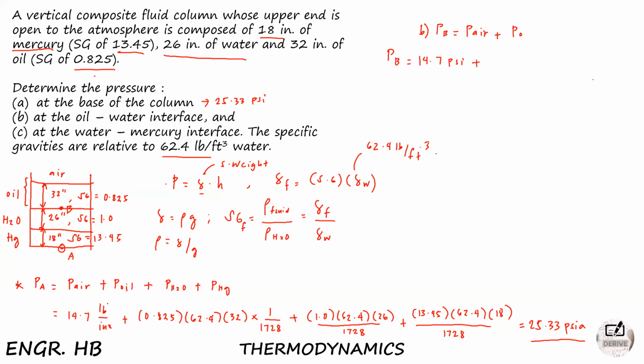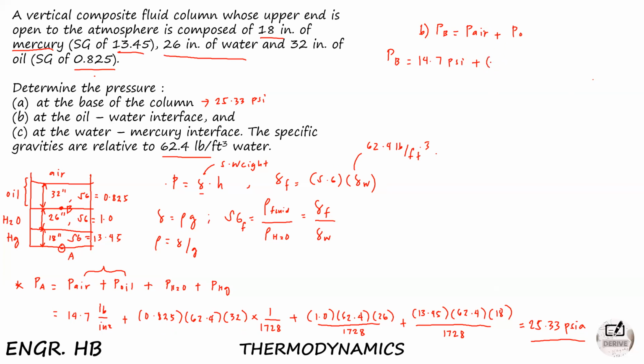Ibig sabihin, we may use yung kaninang gamit dito. If we're talking the oil-water interface, that was only the pressure of air and the pressure of oil. Ibig sabihin, pwede nating kopyahin yung ginamit nating pressure kanina dito. So that was pressure of air, 14.7 psi for atmospheric pressure, plus pressure ng oil. So gayahin lang natin to.